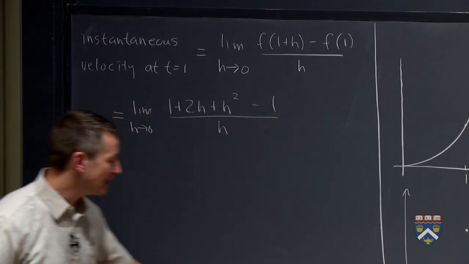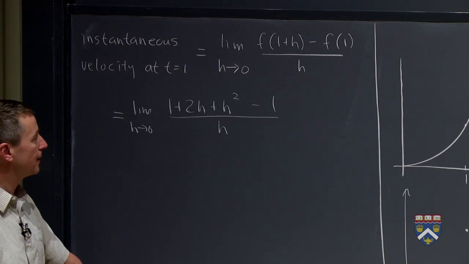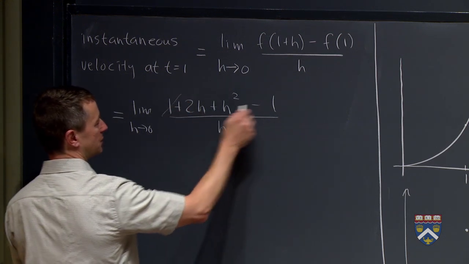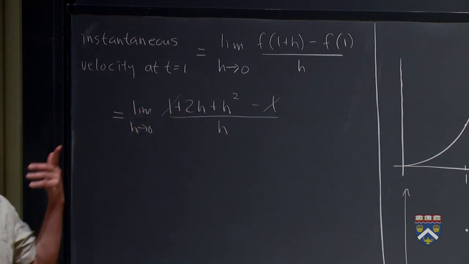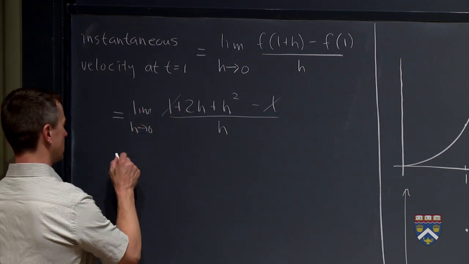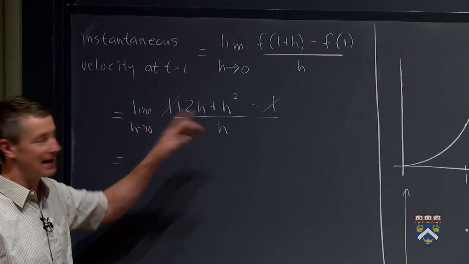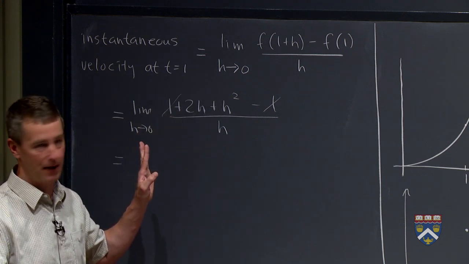Now remember, we're thinking about h getting really, really close to 0 here. Luckily for us, something nice will happen on the top, and these 1's will cancel. And both terms in the top now have an h in it. Because I can't plug in h equaling 0 at this moment, because then I'd be dividing by 0, which we know is not allowed.